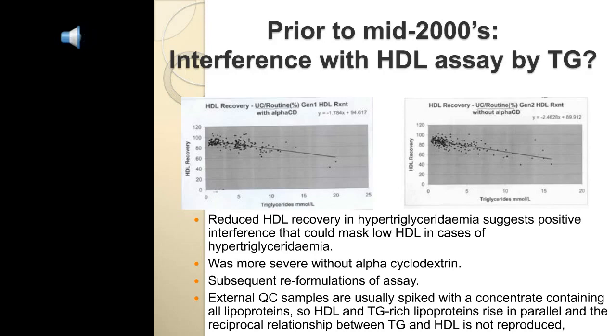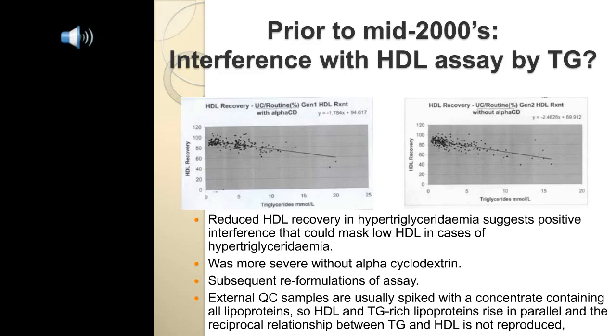It was evident that there was reduced HDL recovery in hypertriglyceridemia, suggesting positive interference, and that could mask low HDL in cases of hypertriglyceridemia. It was slightly abolished when the alpha-cyclodextrin methods were reintroduced, but subsequent reformulations of the assay may well have got around this problem to a large degree.